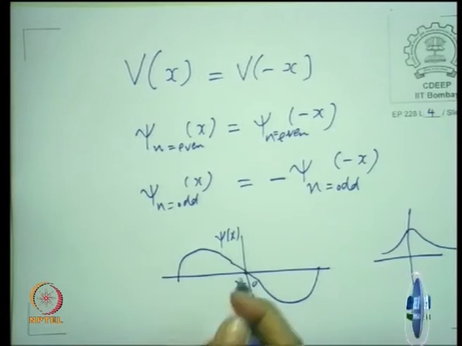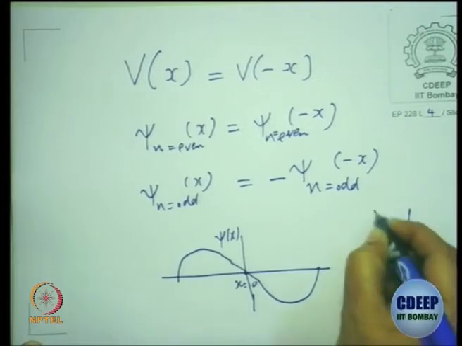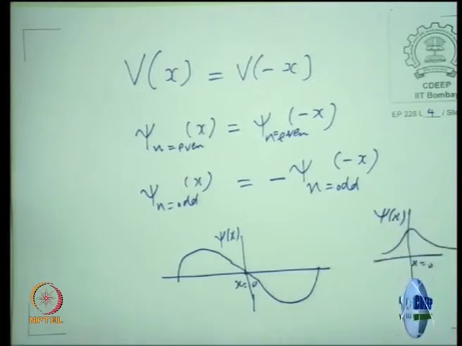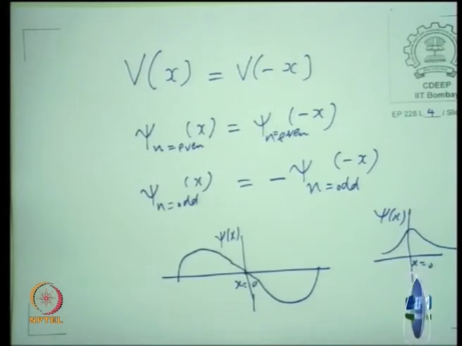So there is always a node for an odd function and there is no such node for an even function at x equal to 0, okay. So these are some things which you observe, that if you have an odd power polynomial, you will have a node at x equal to 0, but you will not have a node at x equal to 0 for even functions. So I didn't do anything when I tried to find the solution.